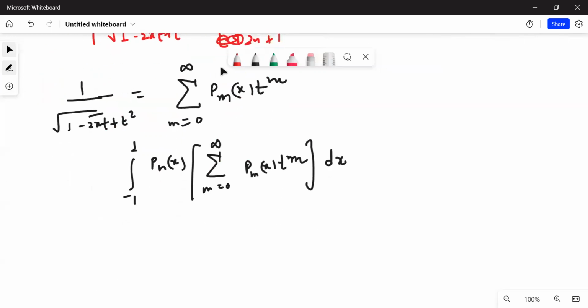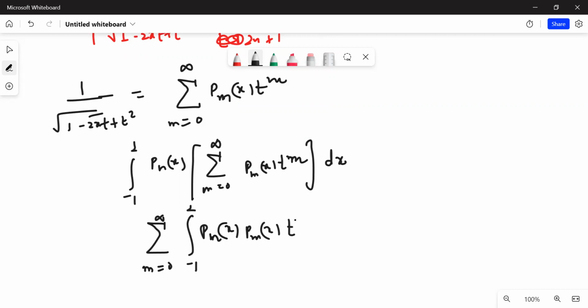In any case, this integration would go from -1 to 1 Pn(x) Pm(x) t^m dx. This will give you only a non-zero integral if m is equal to what? n. Only if m equal to n, only then your integration would be non-zero. Otherwise, it will be 0.